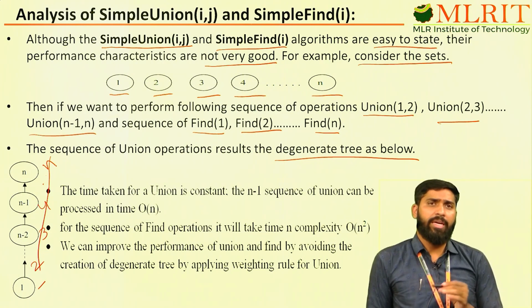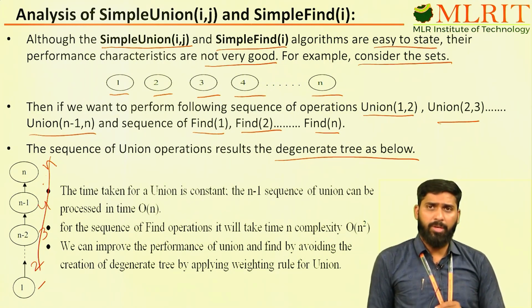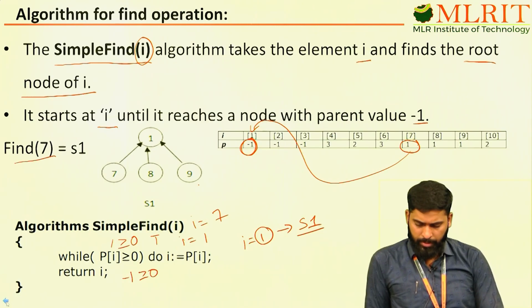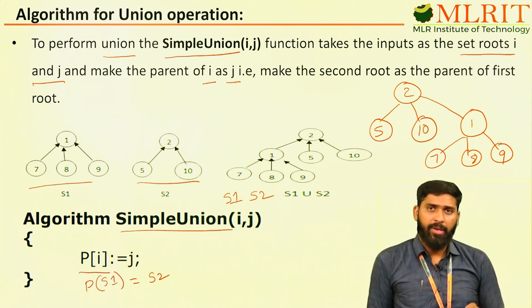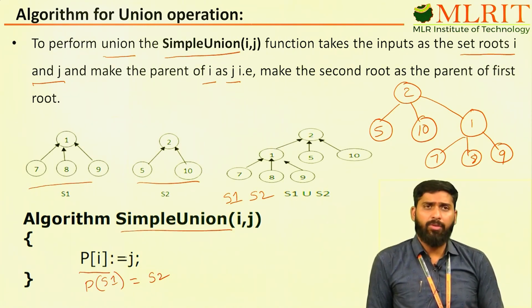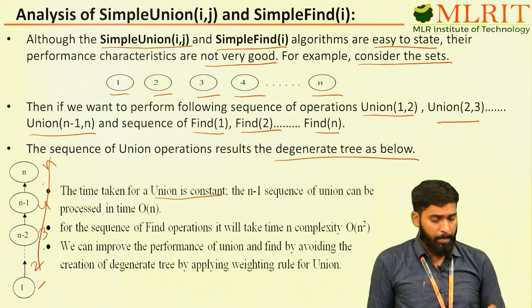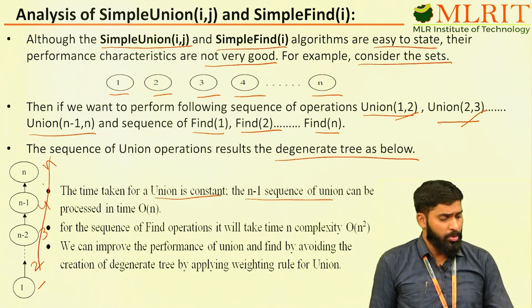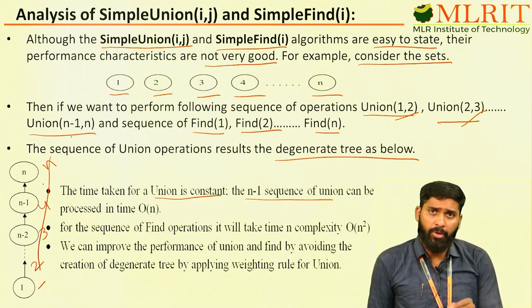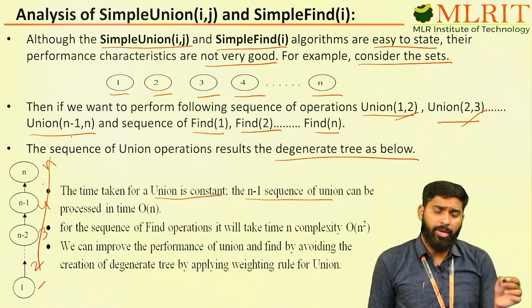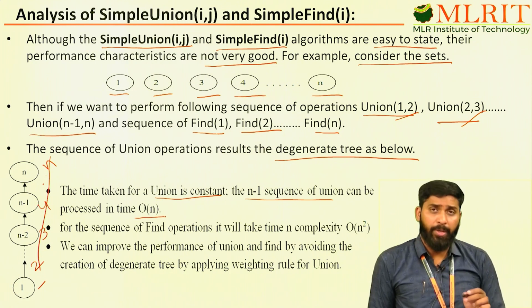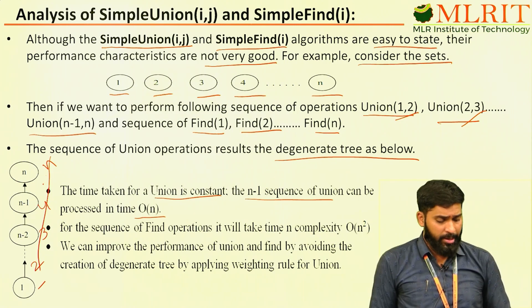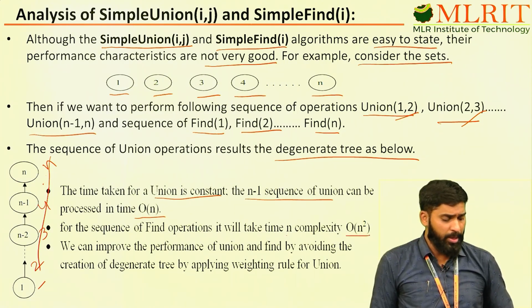If you observe, the time taken for a single union is constant, since it is just P of I equals j. But there is a sequence of n minus 1 unions: union of 1 comma 2, union of 2 comma 3, union of 3 comma 4, until union of n minus 1 comma n. So the time complexity is big O of n here. For the sequence of find operations, the complexity is big O of n square.